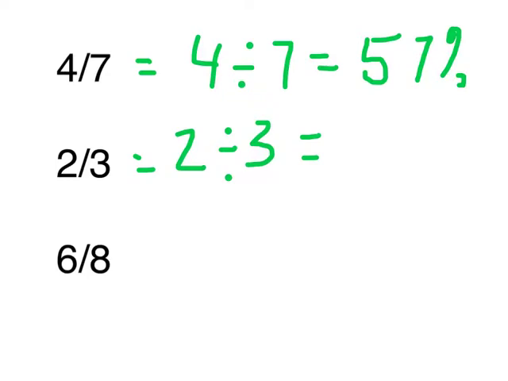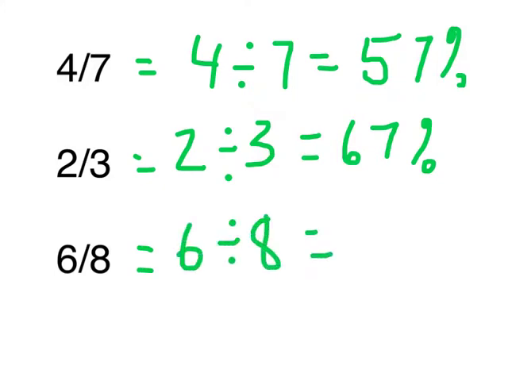So if I punch that into my calculator, 2 divided by 3, and then I multiply by 100, I get 66.6666, so I'll just round it up to 67%. And if I do 6 divided by 8, times 100 of course, I get 75%.